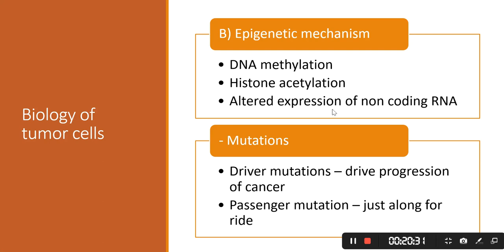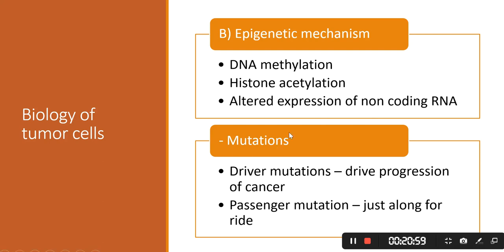Those non-coding RNAs were supposed to be cops, but they can also go crazy, affect the characteristics of the DNA, and cause mutations. So that was about mutations and epigenetic mechanisms.